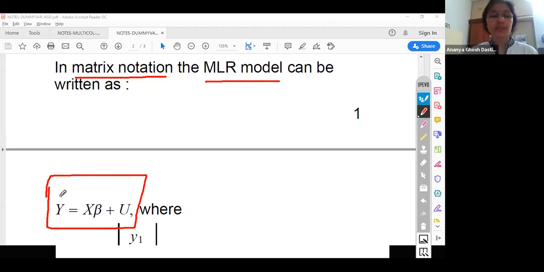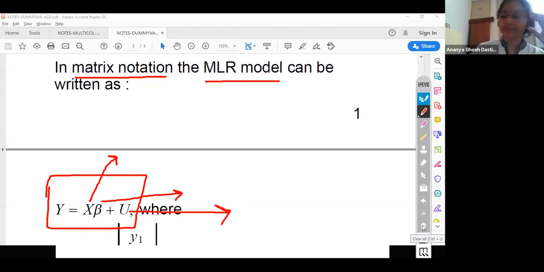What is this? Y is a vector of dependent variables. X is a matrix, that's our X matrix. Beta is also a vector. U is also a vector. So let us see these things.